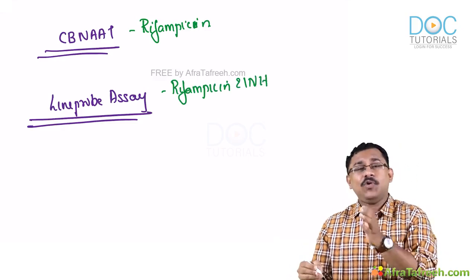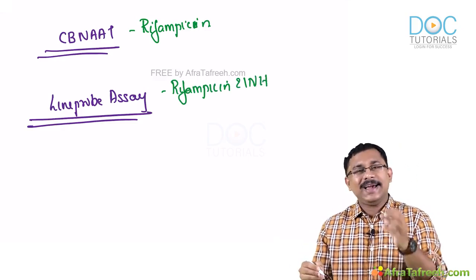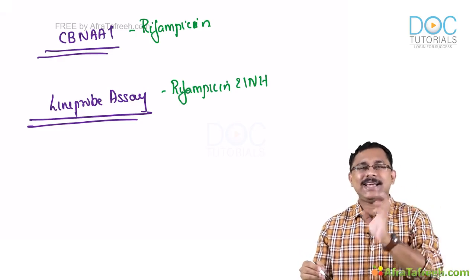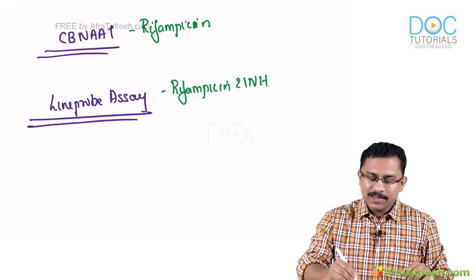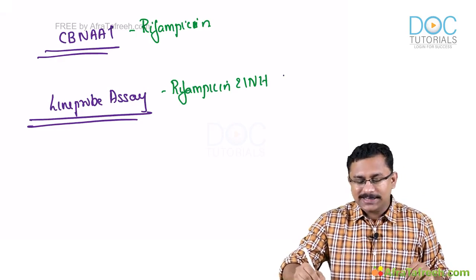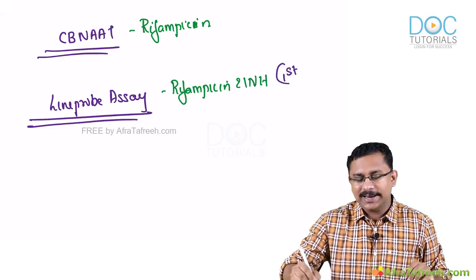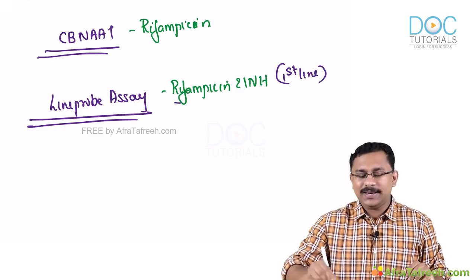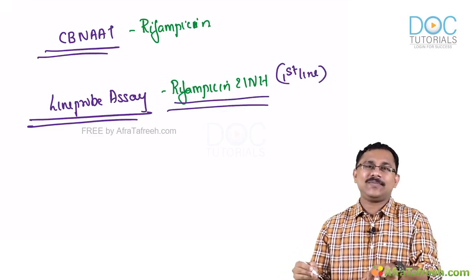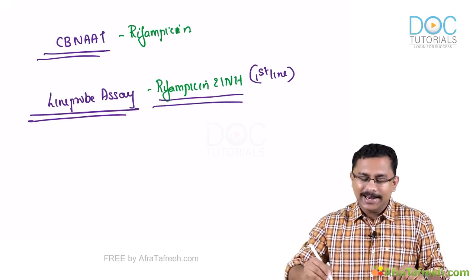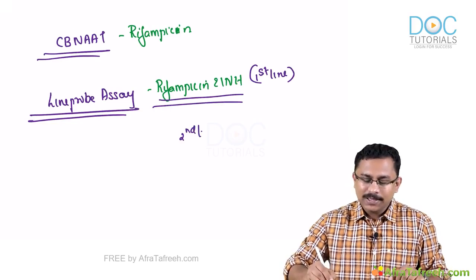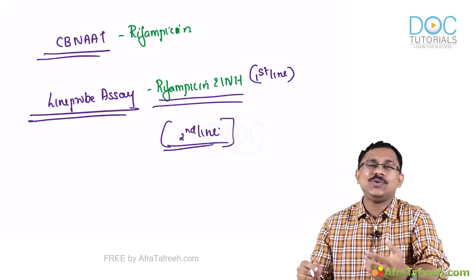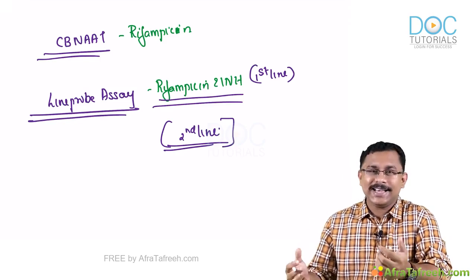But let me tell you one more point, that in line probe assay itself you have a first generation line probe assay and second generation line probe assay. The first generation line probe assay will determine resistance to INH and rifampicin, whereas the second line probe assay will help us to determine the resistance to certain second line agents as well.